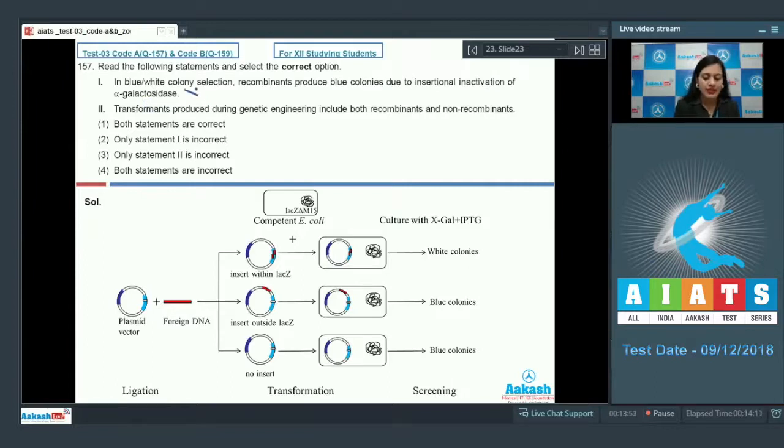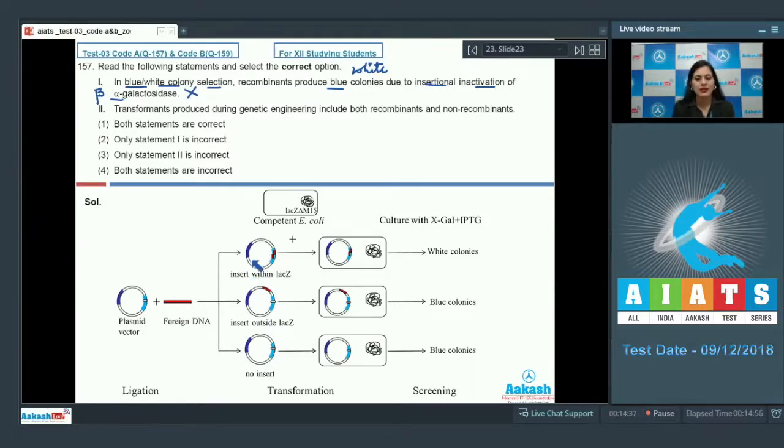And this is an incorrect statement because during this blue-white selection procedure, the recombinants will produce white colonies and not blue colonies due to insertional inactivation of beta-galactosidase rather than alpha-galactosidase. As you can see here, this plasmid, when ligated with foreign DNA, will lead to either the insertional inactivation of this LacZ gene, or this insertion could be outside the LacZ gene, or there is no insertion at all in this vector.